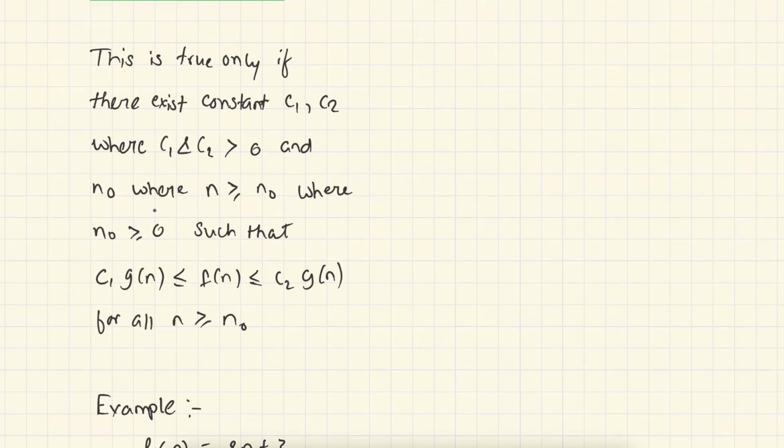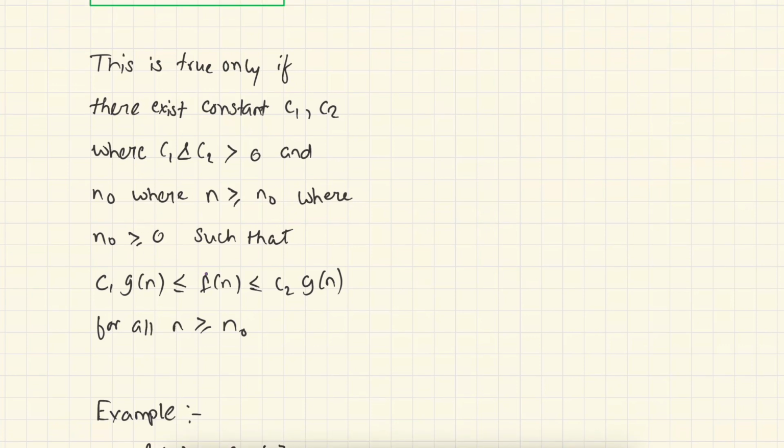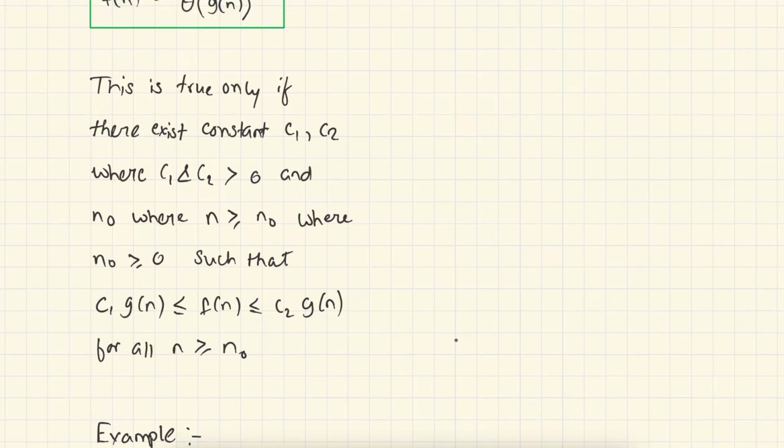So what does it mean? Here we are saying that we are bounding this function on both sides. This is the lower bound of this function and this is the upper bound of this function, and by using this statement we are going to calculate the exact bound of this function. Here we have to find the values of c1, c2 and n0 to mathematically prove this statement.